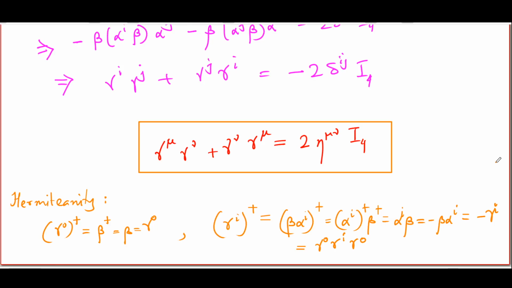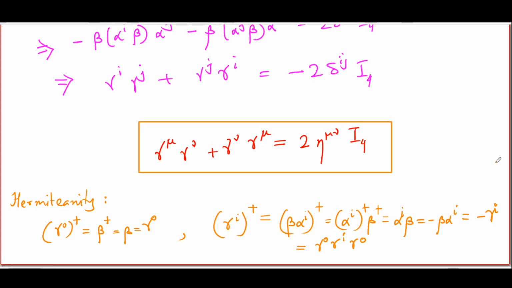Now, there's one compact way of writing this. Once again, we see gamma 0 and gamma i's behave slightly differently. But you can write gamma i dagger, which is minus gamma i, also as gamma 0 gamma i gamma 0. Remember, gamma 0 anti-commutes with gamma i. So you can write gamma 0 gamma i gamma 0 as minus gamma i gamma 0 whole squared, which is of course just minus gamma i.